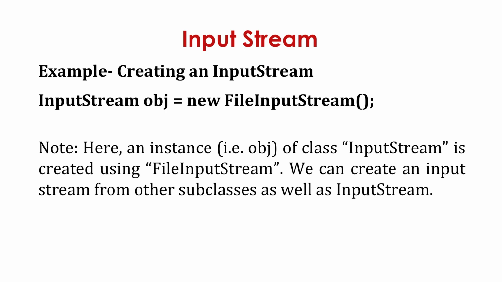You can change this obj because obj is an object and a user-defined name. Any valid user identifier you can use here, of the class InputStream that is created using FileInputStream. We can create an input stream from other subclasses of InputStream as well.